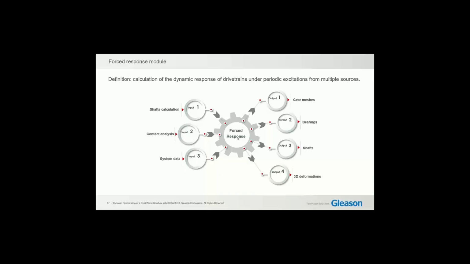And finally, on the right, you see that the outputs include the vibration behavior of gear meshes. It can include gear mesh forces, dynamic transmission error, and dynamic meshing stiffness. Then we have bearing reaction forces, bearing moments, and some other outputs.